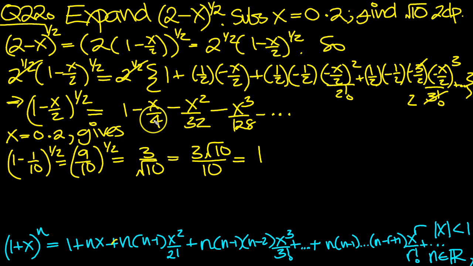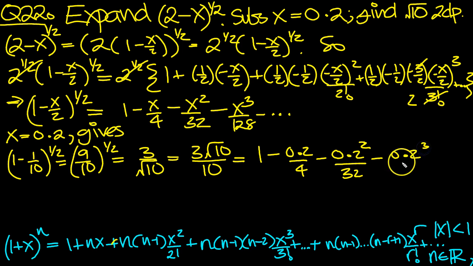Now putting x as 0.2 in. So that's minus 0.2 over 4 minus 0.2 squared over 32 minus 0.2 cubed over 128 minus dot dot dot. So now we can get root 10 from this.